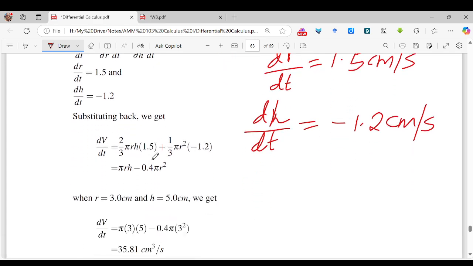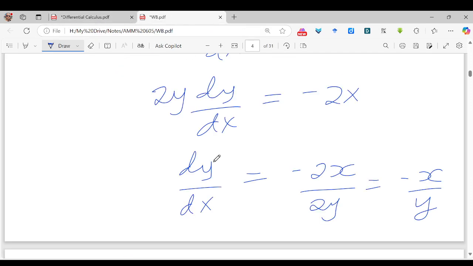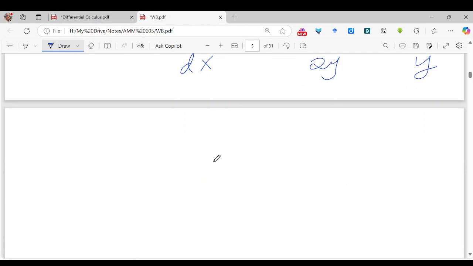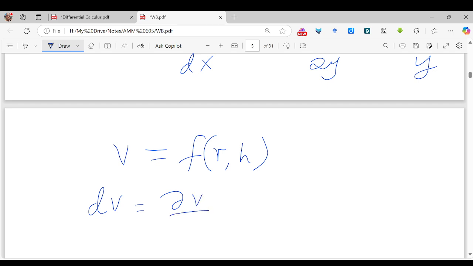Then since the volume is a function of r and h, we can find the total derivative dV, which can be expressed as the partial derivative of V with respect to r times dr plus the partial derivative of V with respect to h times dh.